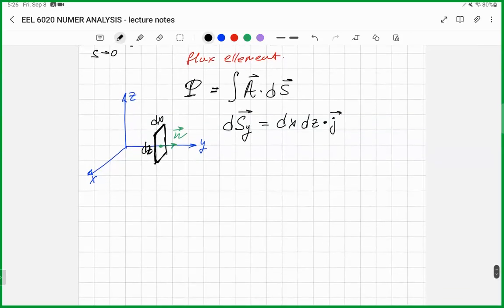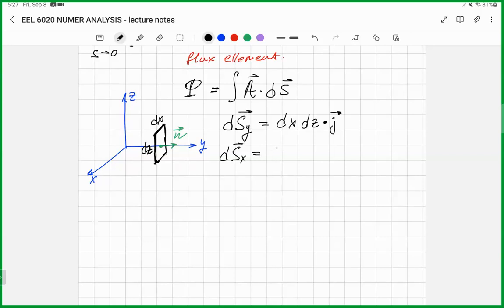So this is the element of the area orthogonal to the axis y, defined by dx dz and the unit vector j. The same way, if I consider the other two elements of the surface orthogonal to z and x, I will get the other two elements of the area.